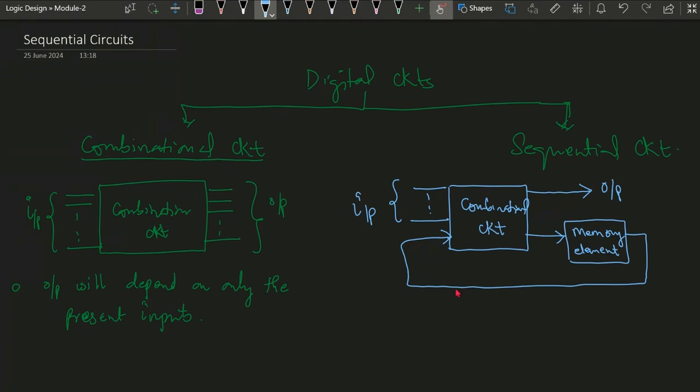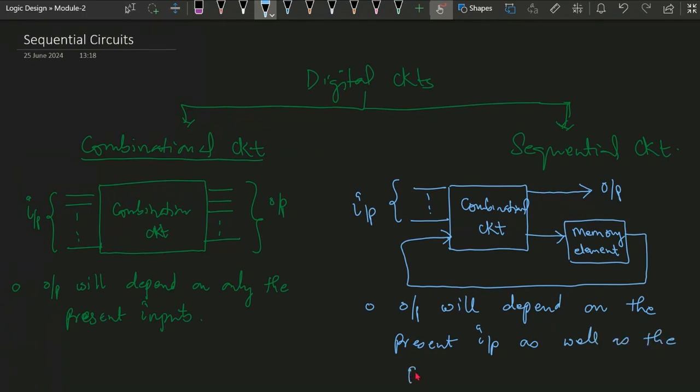Based on that, the next output will depend on the present input as well as the past output. So in case of sequential circuits, the output will depend on the present input as well as the past output.